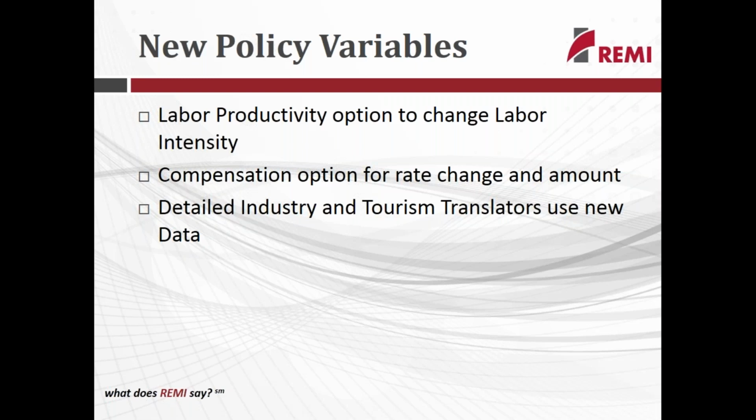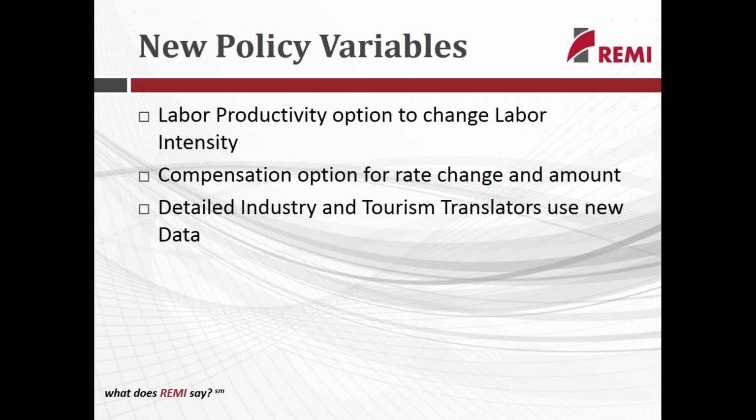The compensation option for a rate change in amount: basically, in the model there used to be two different policy variables, one for compensation rate, one for compensation as a level, percentage change versus level change.